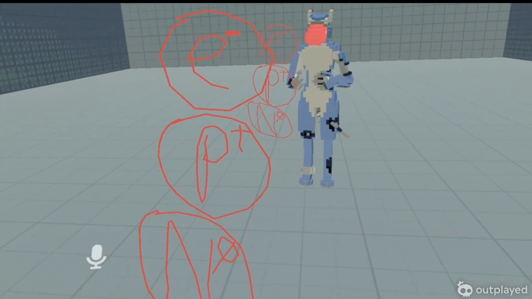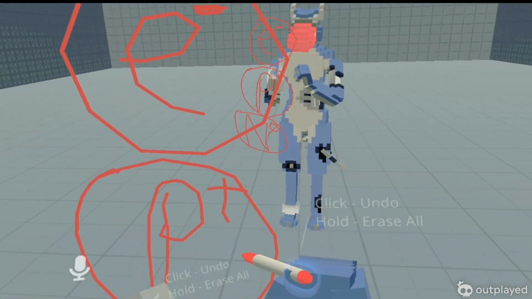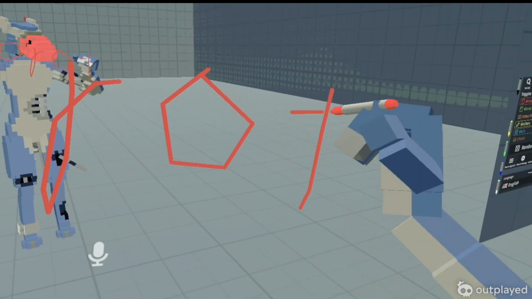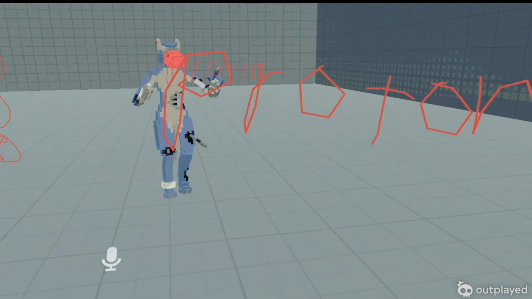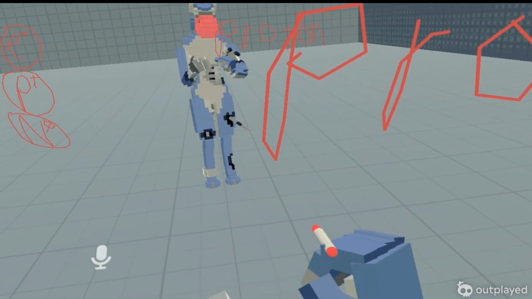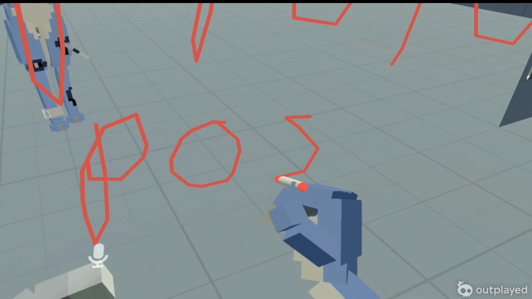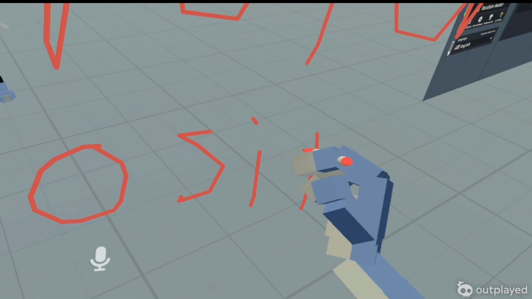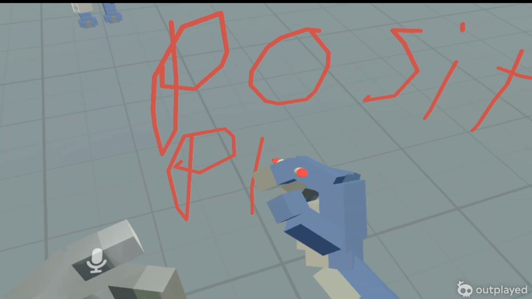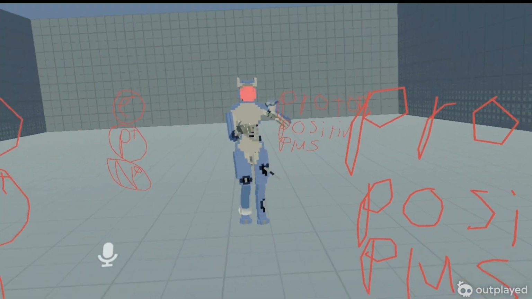But the proton, you can think of proton as alliterating with positive, or plus. That's a good way of remembering the proton.